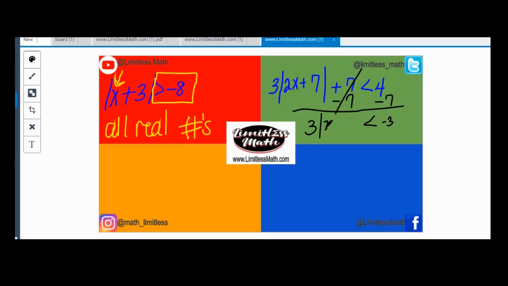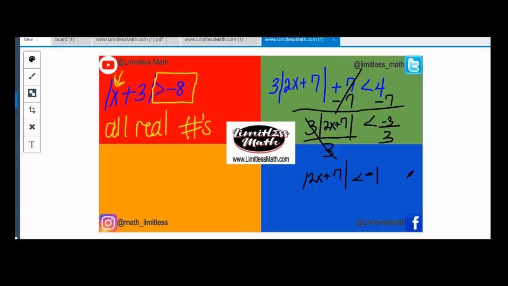On this side, 3 times the absolute value of 2x plus 7. Once again, I do want my absolute value to be isolated, so I want to divide by 3. The 3's cancel. We end up with the absolute value of 2x plus 7 is less than -1. So let's think about this.